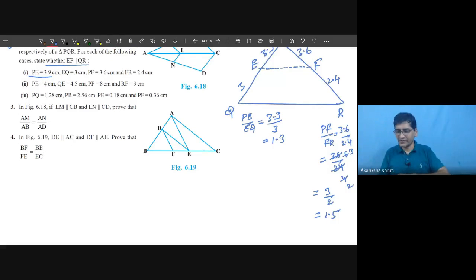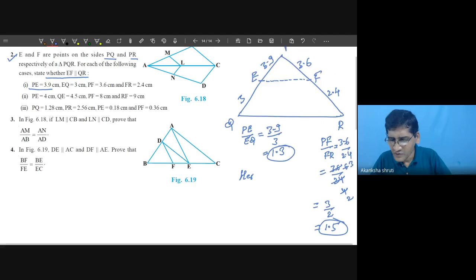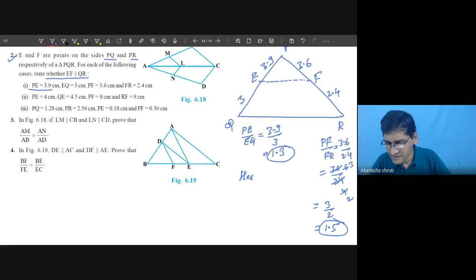So what are we getting? One ratio we have calculated here, the other ratio we have calculated here. These two are not the same. So here, PE by EQ is not equal to PF by FR.